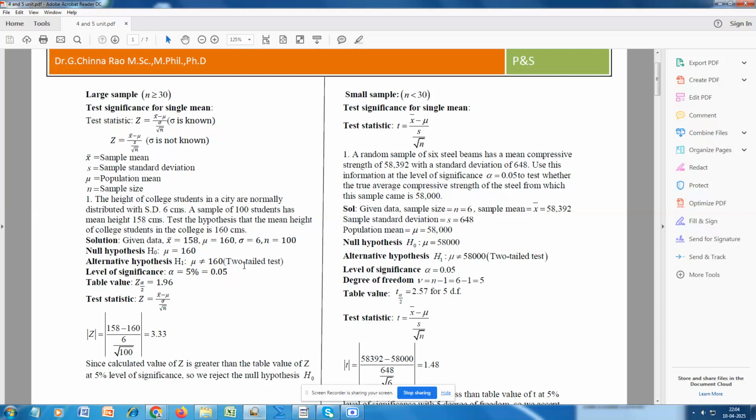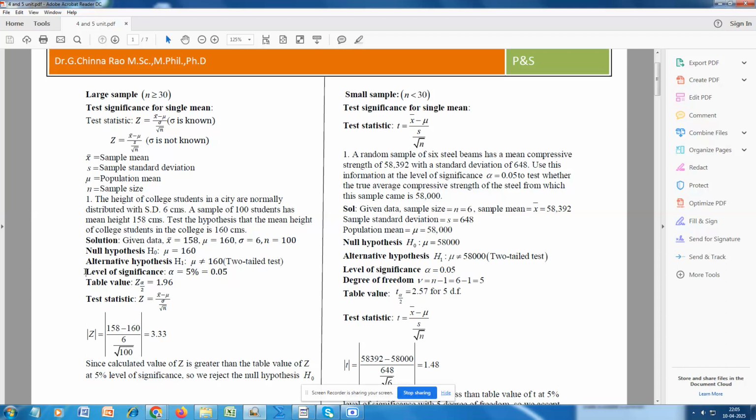Here we have two tests, two-tail test and one-tail test. If nothing is specified, generally we take a two-tail test. If it is specified, then we can take one-tail. It depends on the question.